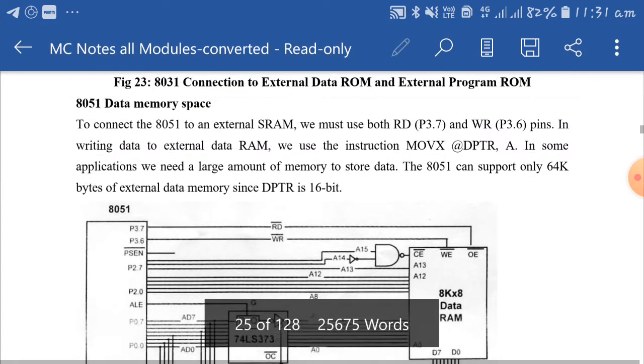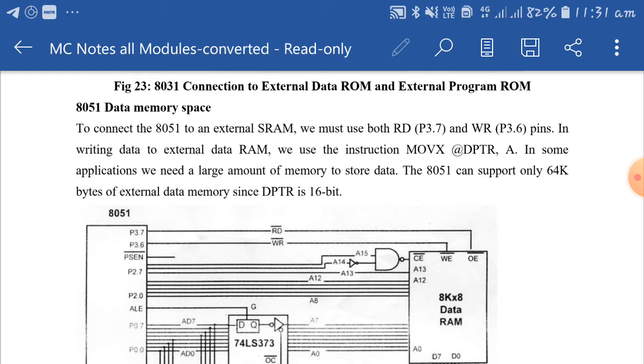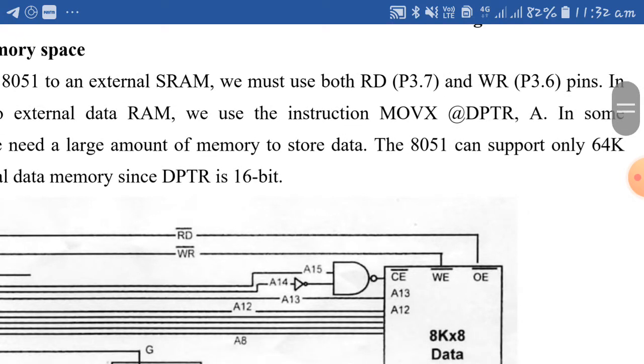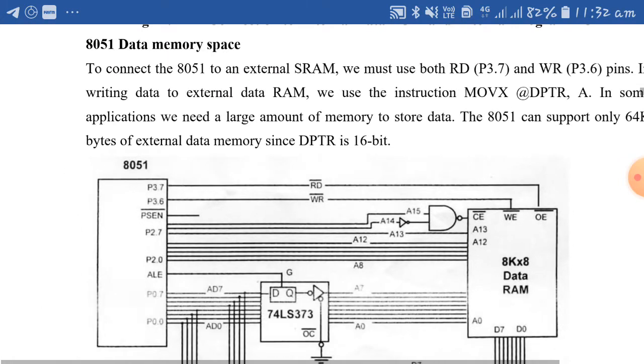To access data from the external memory, you use MOVX @DPTR, A. DPTR is a register, and X indicates external memory. The DPTR accesses the data from external memory. The accumulator is another register that holds the data.